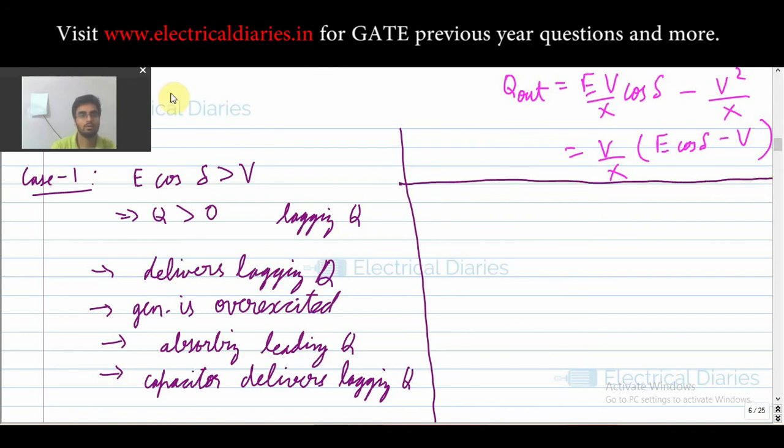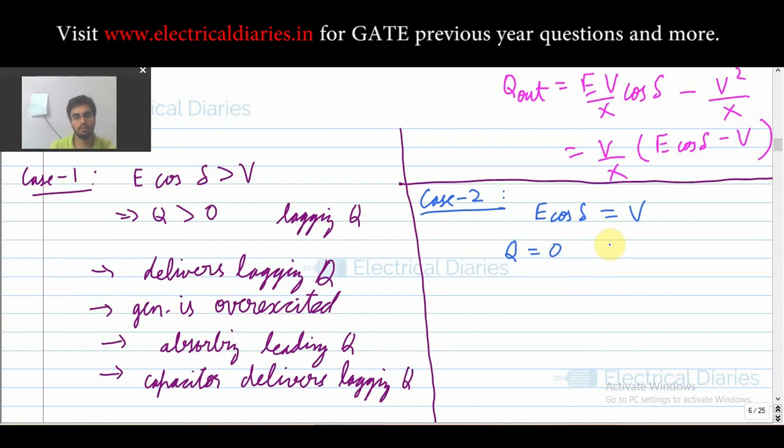Now let us move to case 2. In case 2 you have E cos delta equal to V. So this means your Q is equal to 0.